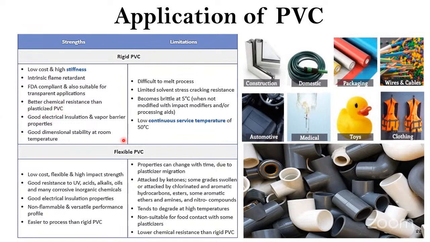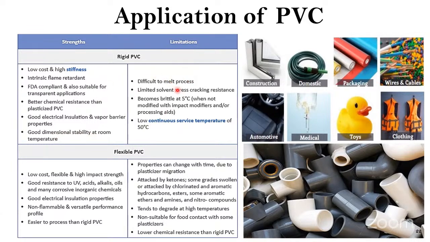Plasticized PVC means your flexible PVC. Good electrical insulation and vapor barrier properties. Dimensional stability also quite good at room temperature, means they will not bend easily or carry any kind of shape easily. That is the meaning of good dimensional stability.